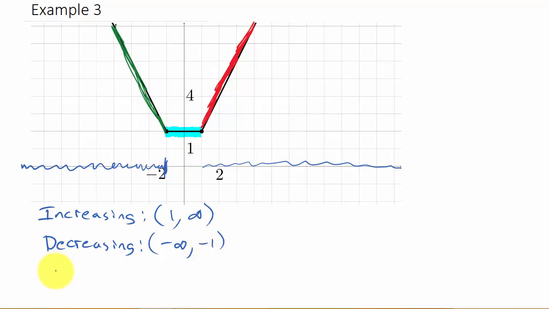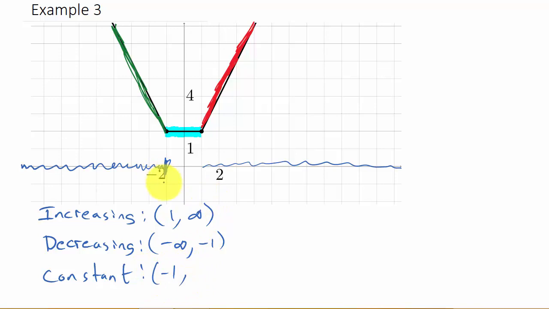Okay. And now let's look and see where it's constant. Well, it's constant here. Okay. So we want to know over what x values is it constant. Well, it starts to be constant here at this x value of -1.